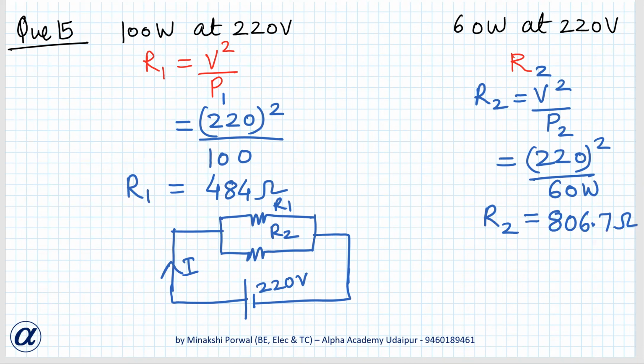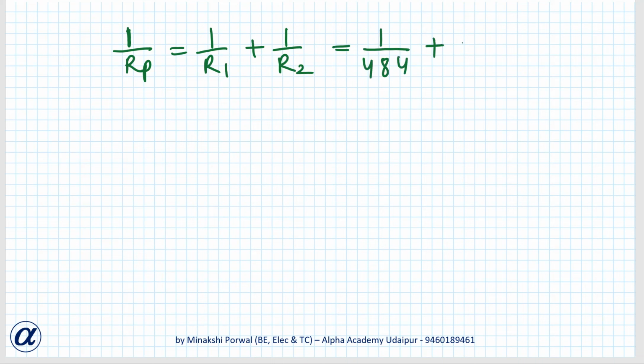As both are in parallel, we'll use the formula of parallel resistance: 1 by Rp equals 1 by R1 plus 1 by R2, that is 1 upon 484 plus 1 upon 806.7.